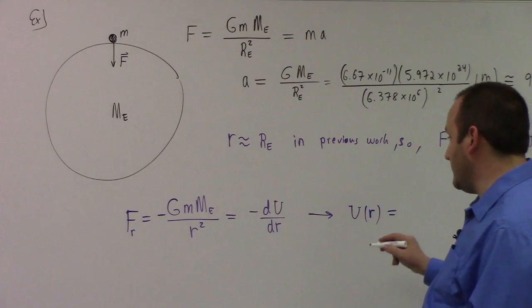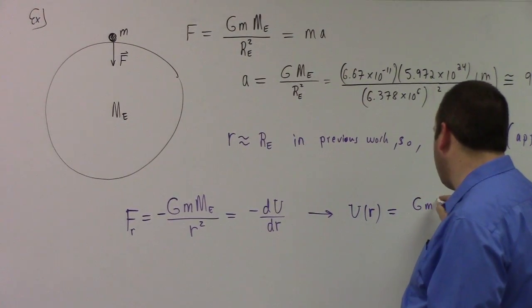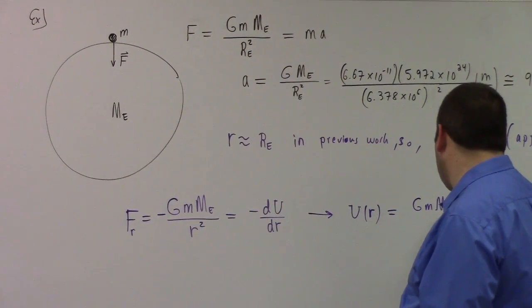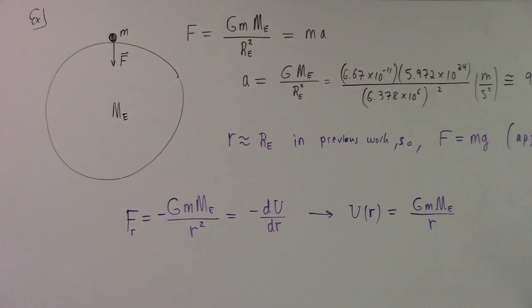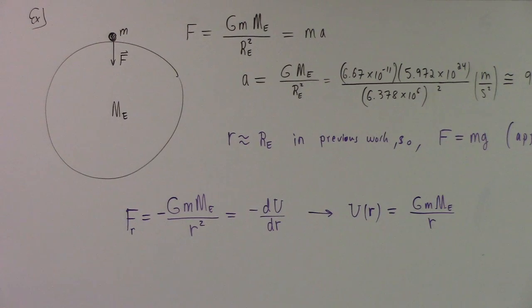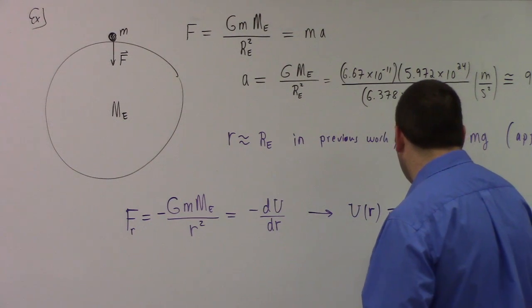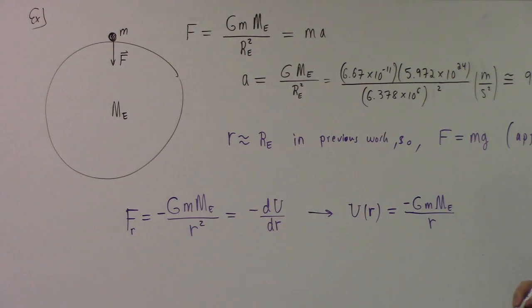Minus 1 over r, actually. The minuses cancel over there. The integral of 1 over r squared is minus 1 over r.